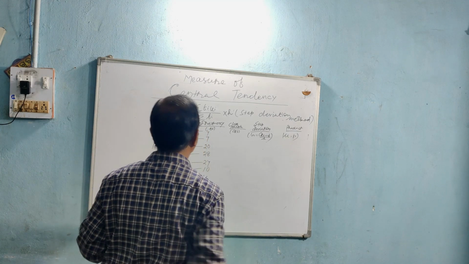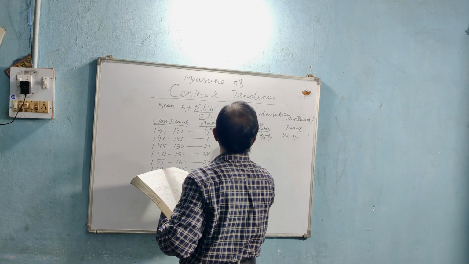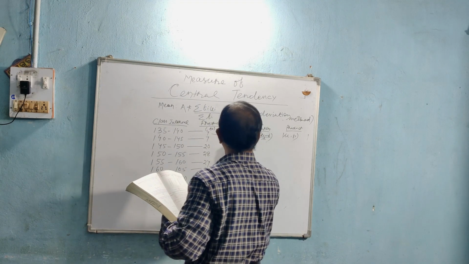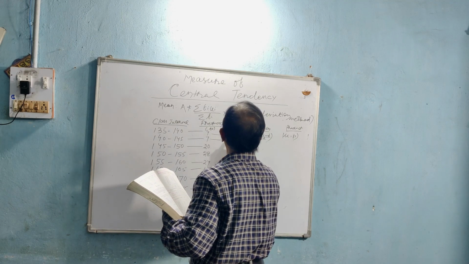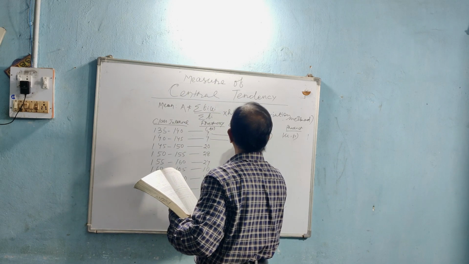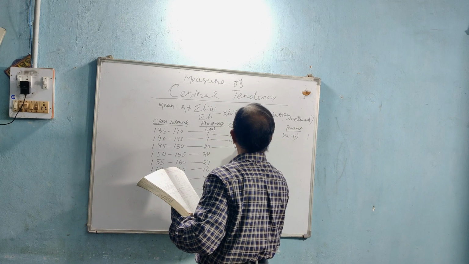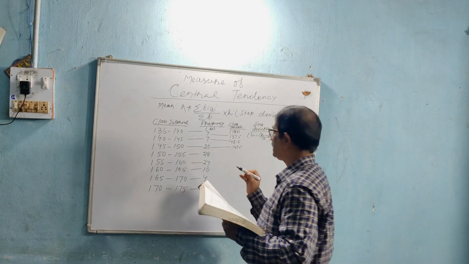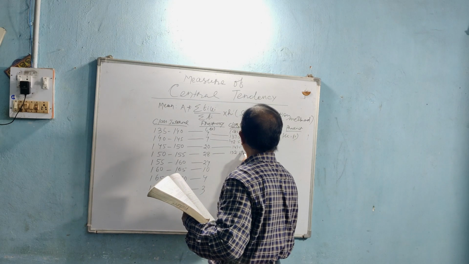Whatever class intervals have been given here, I am taking the class marks. The first one is 137.5. Second one is 142.5. Third one is 147.5, fourth one is 152.5.